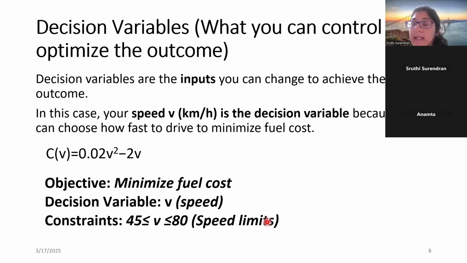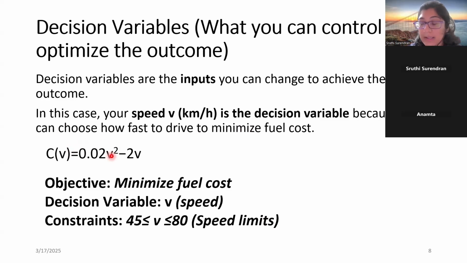The third component is the decision variable. Decision variable is nothing but the variable here that is affecting the objective function.